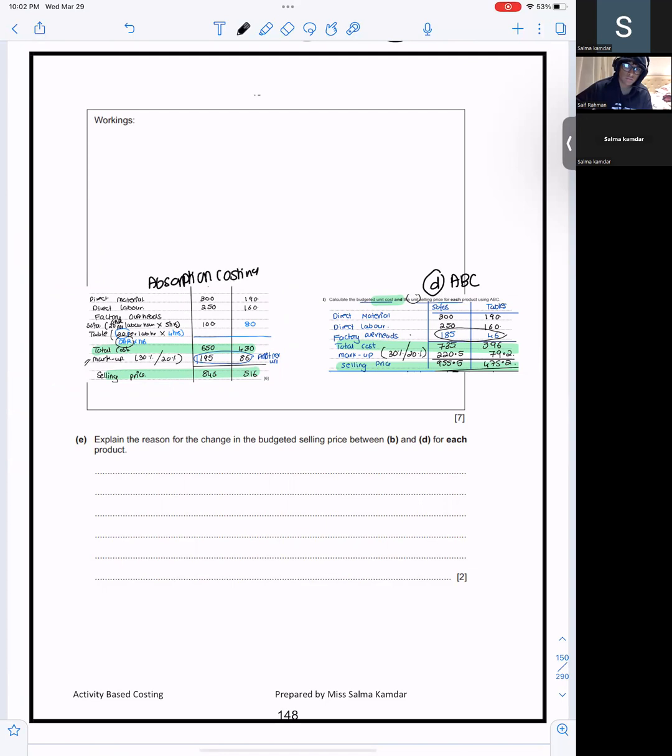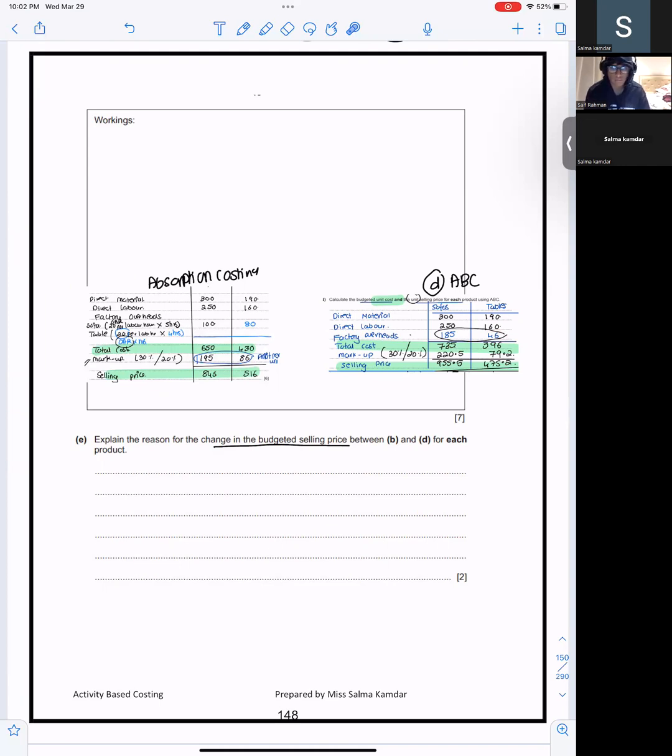Explain the reasons for the change in the budgeted selling price. In ABC costing, a higher factory overhead is charged for sofa and a lower factory overhead is charged for table.